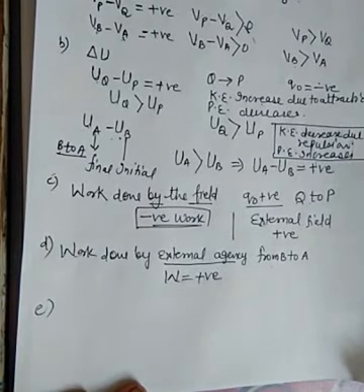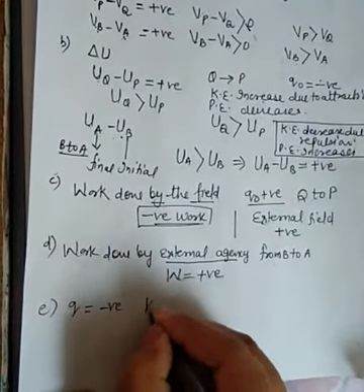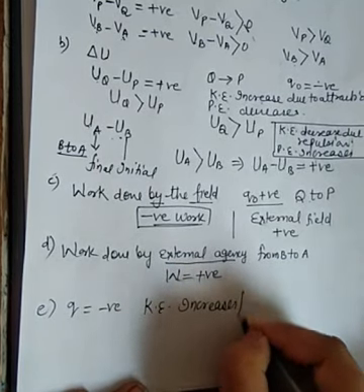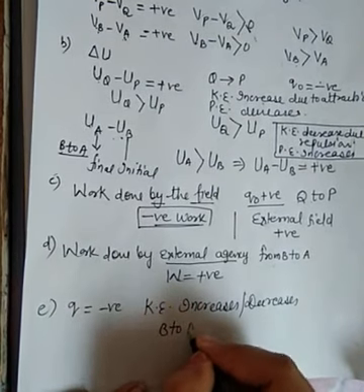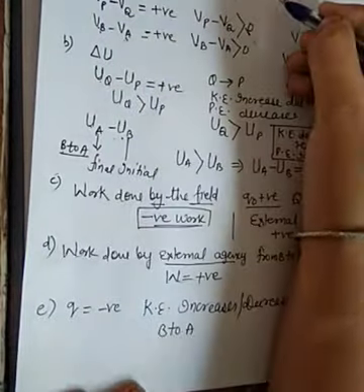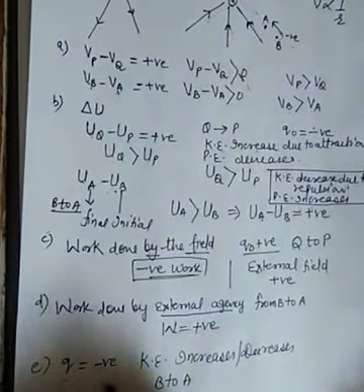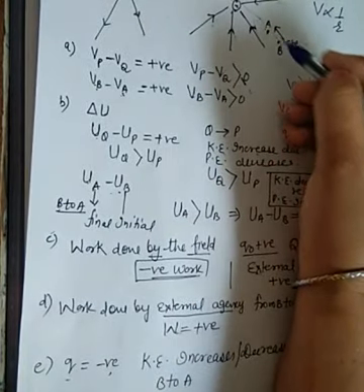Does the kinetic energy of a small negative charge increase or decrease while the charge is moving from B to A? In the given situation, the test charge is negative and the source charge is negative, so there will be repulsion.